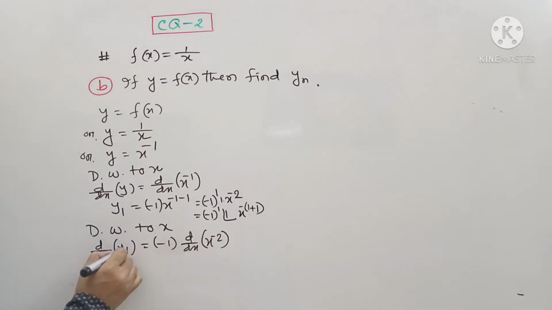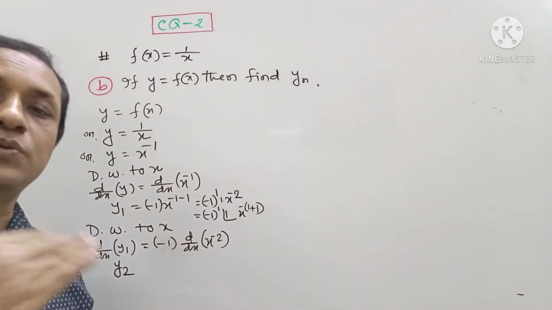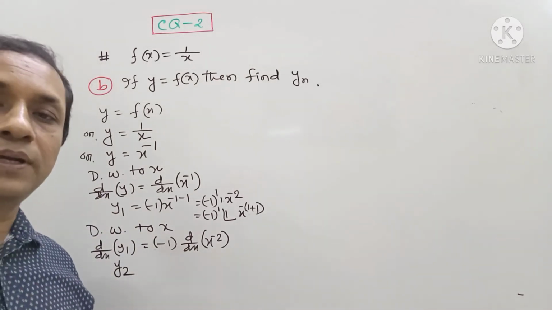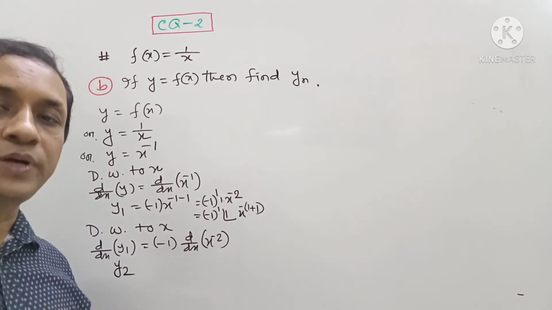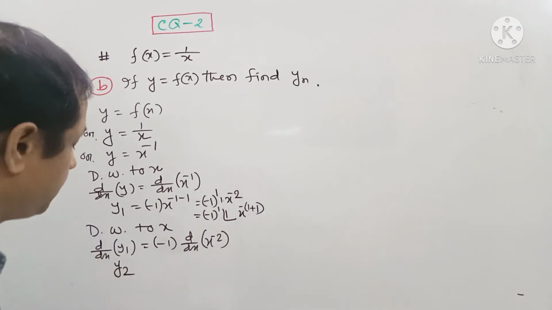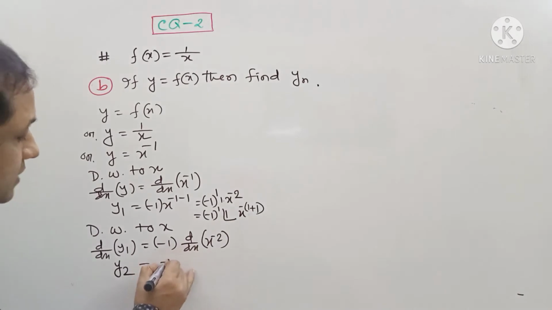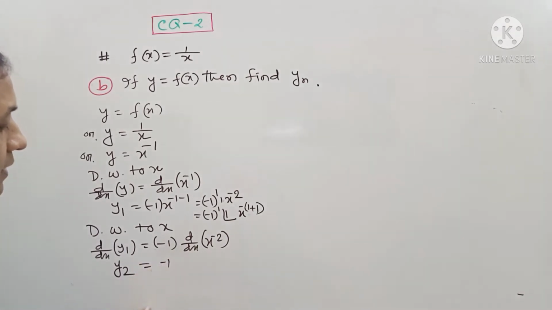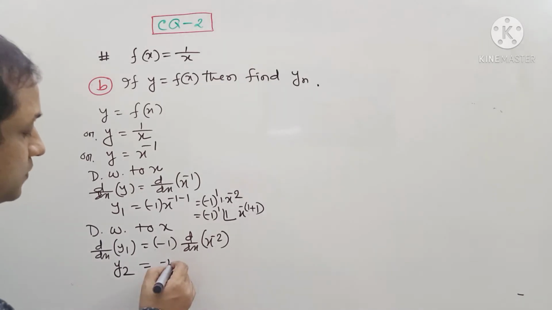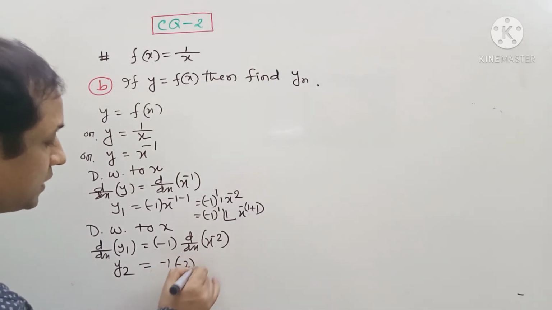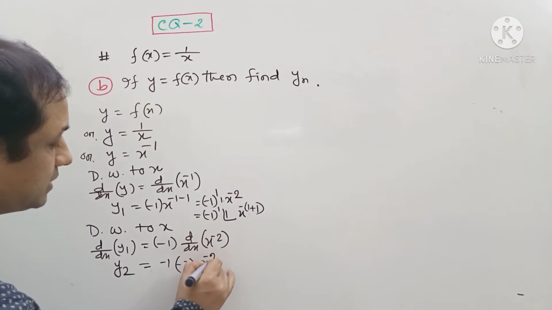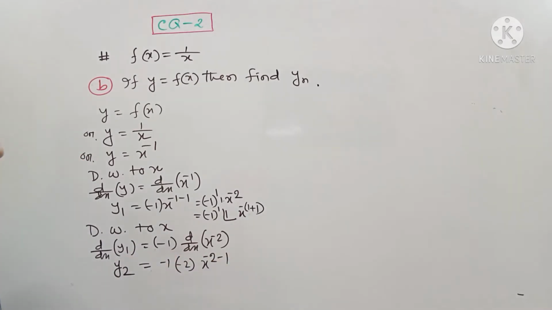Now d/dx of y1 we can write y2, 2 times differentiation, denoted by y2. You have learned student d/dx of y1 equals y2. Then minus 1 and using the formula for x to the power n, take minus 2 to the first position and x to the power minus 2 minus 1.